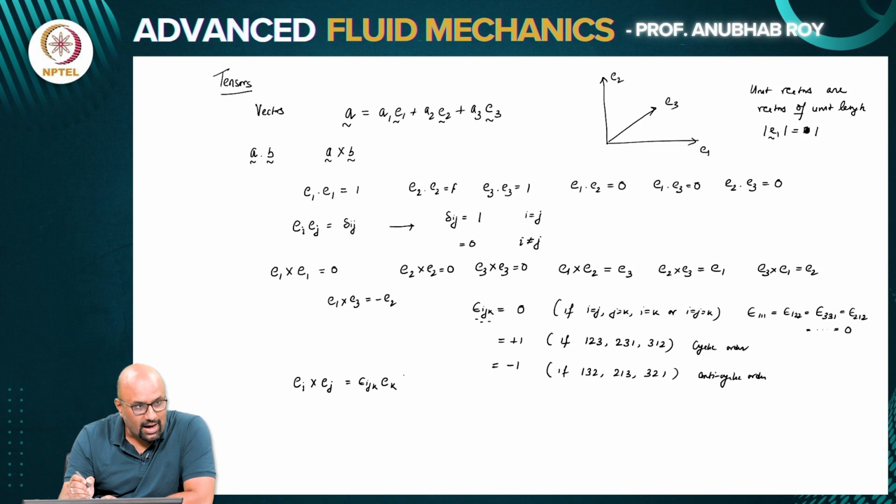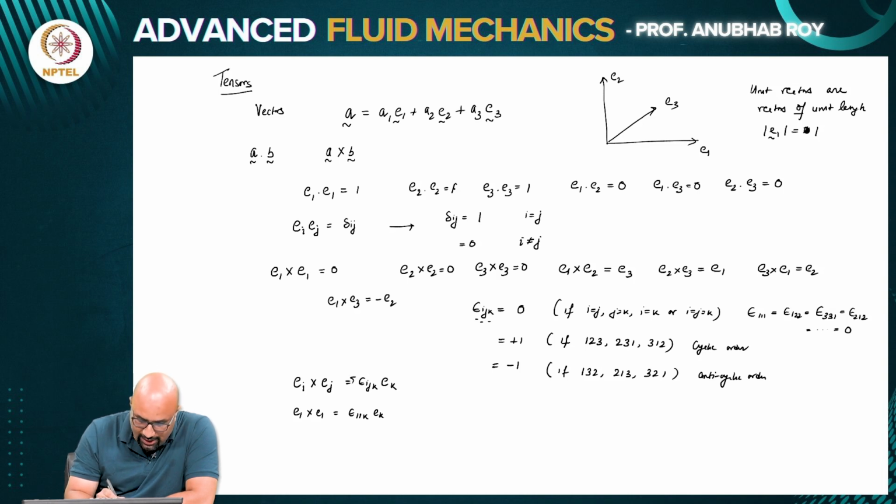So if I choose i and j as 1, both i and j I choose as 1. So, E1 cross E1. So, I have epsilon i 1 1 k E k. Now, but then there is k that you see here that is repeating.